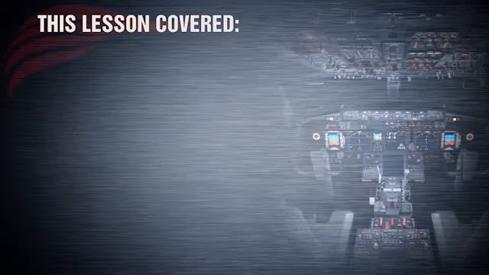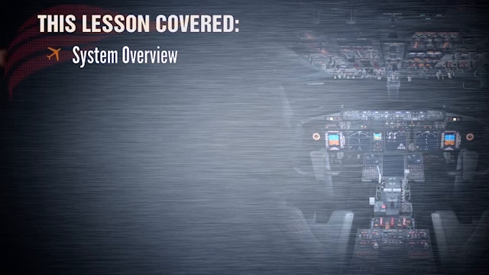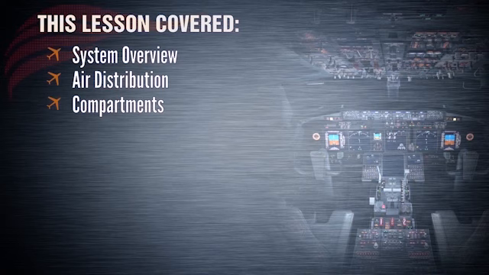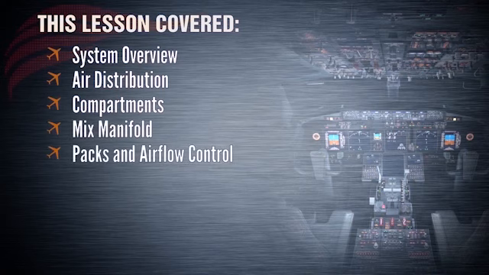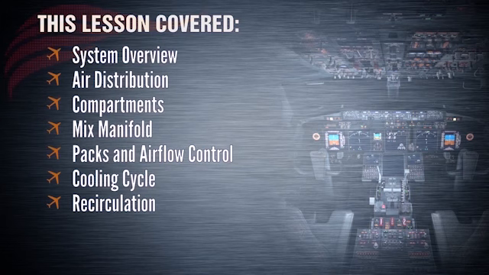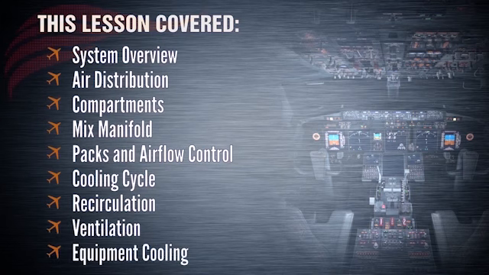This lesson covered the following topics: air conditioning system overview, air-conditioned air distribution, air conditioning compartments, mixed manifold description, air conditioning packs and airflow control, cooling cycle and water separation, recirculation system, ventilation system, equipment cooling system, and a lesson summary. The next lesson will wrap up the air system section by talking about pressurization.